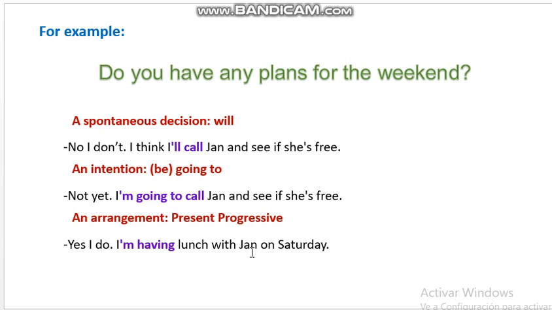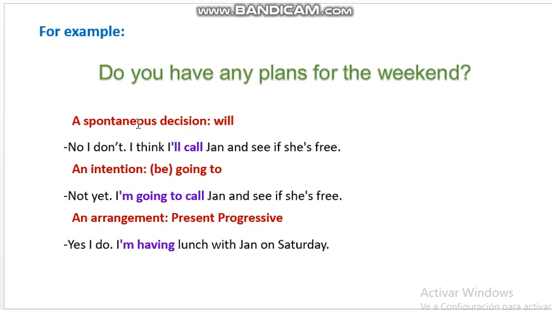Yes, we can go somewhere to a new restaurant, for example. And okay, let's go to the new restaurant. So let's go on Saturday. Do you agree? And Jan says, yes, I agree. So they made an arrangement. And that's why he says, yes, I do. I'm having lunch with Jan on Saturday.